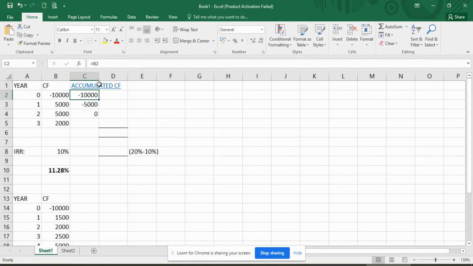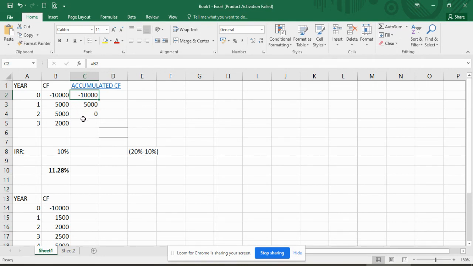So as you can see, your accumulated cash flow is 10,000. This is what you have to recover, all right? In year one, you have recovered 5,000, so therefore remaining 5,000. And in year two, you recover the remaining 5,000 as well.